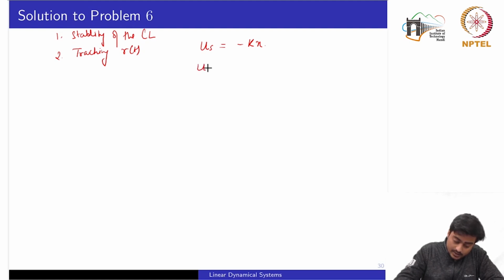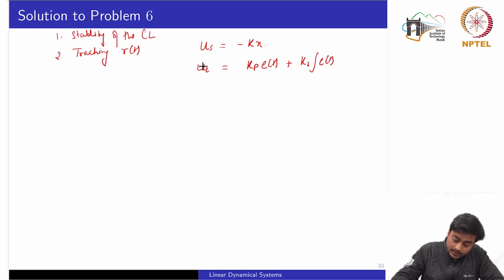So let's say we say u_t as a multivariable PI controller in terms of k_p times error plus k_i times integral of e(t).